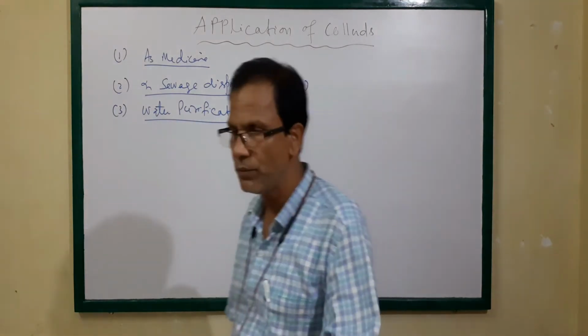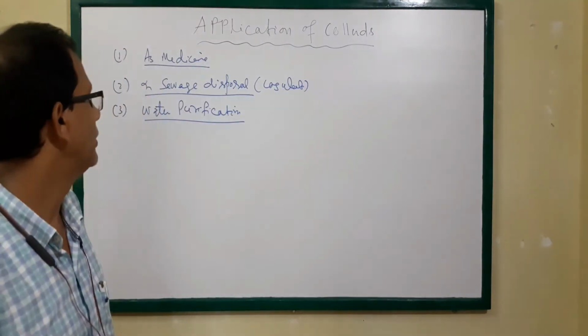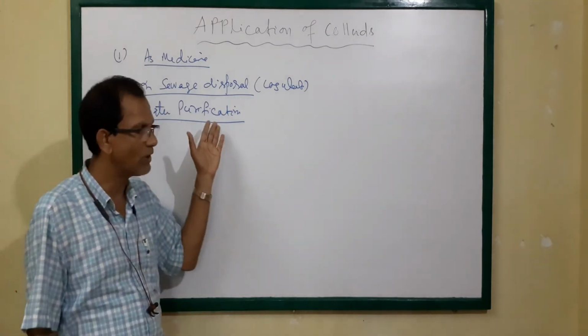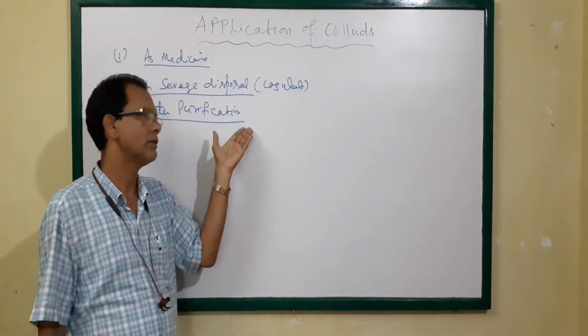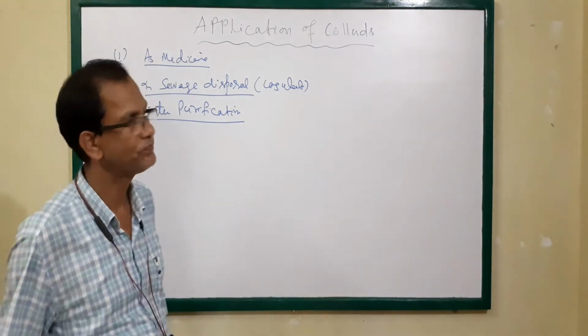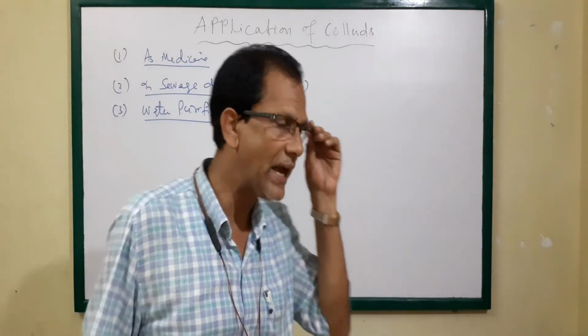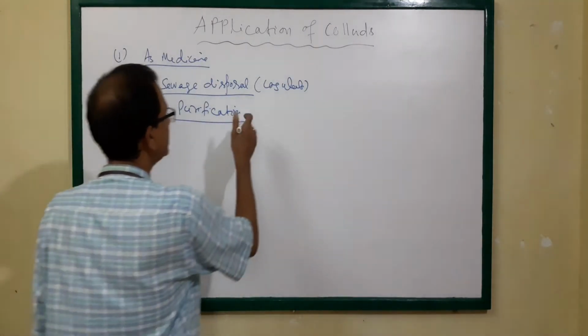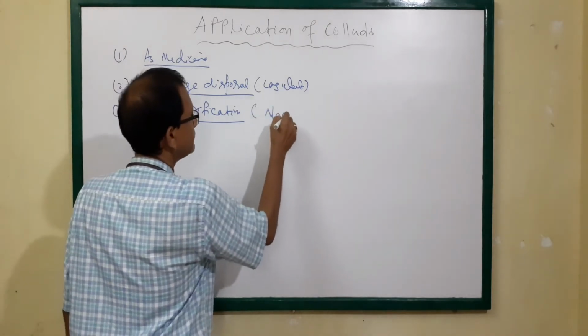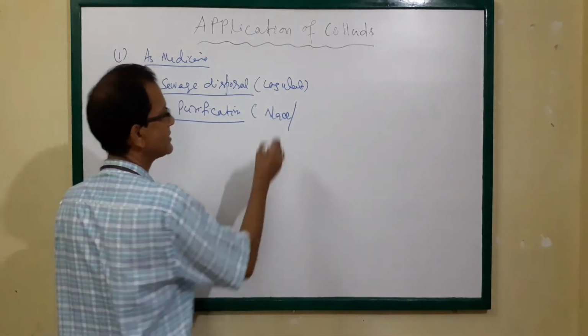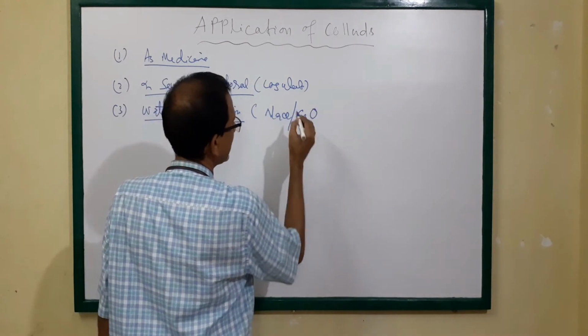Another way water can be purified is by adding electrolytes like sodium chloride and quicklime, that is calcium oxide.